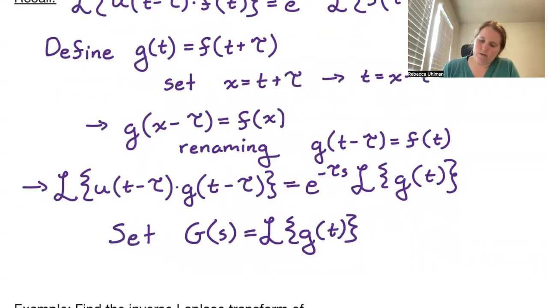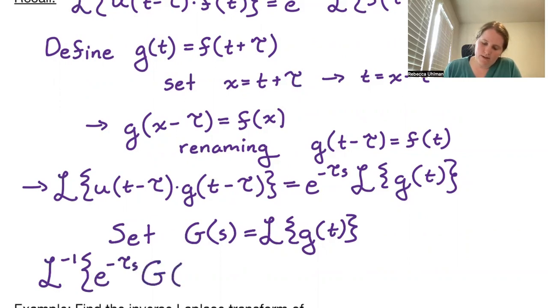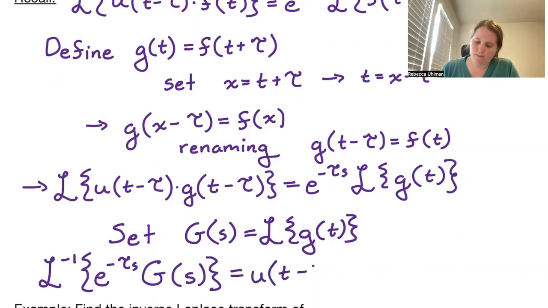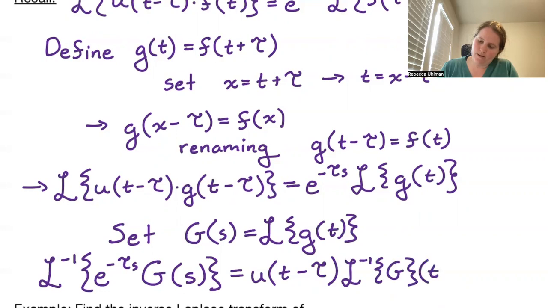Then we have g of t is the inverse Laplace transform of capital G. And so this becomes essentially the inverse Laplace transform of e to the negative tau s times capital G of s is equal to u of t minus tau times the inverse Laplace transform of G evaluated at t minus tau.